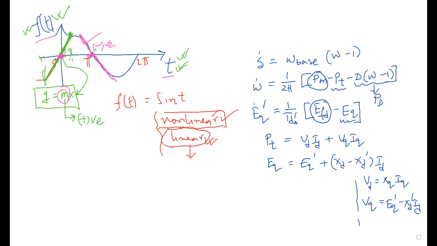However, if I choose another equilibrium point for the same nonlinear function f of t, I will end up with another linear version of the expression, but now with completely different characteristics, a negative slope. If I extend it, I will get an expression like y equals mx plus c, or y1 equals m1 x plus c1.